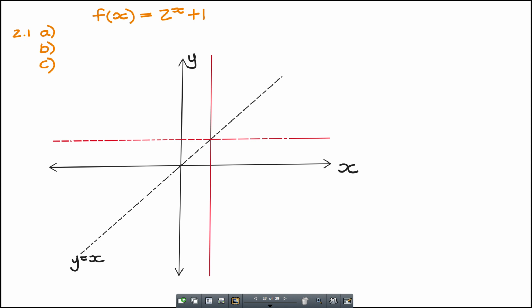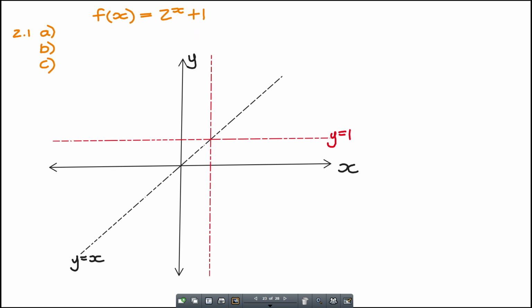Okay, why am I doing this? Because now this exponential graph, because of that plus 1, it means that my whole graph moved up 1 unit. So you must say here, my equation here is going to be y is equal to 1, and that was because of this plus 1.